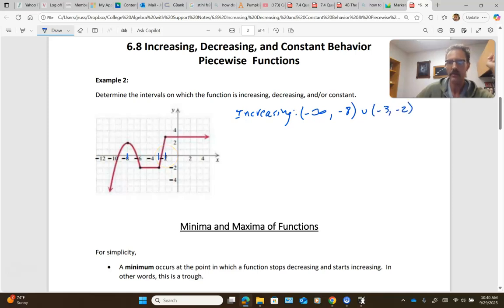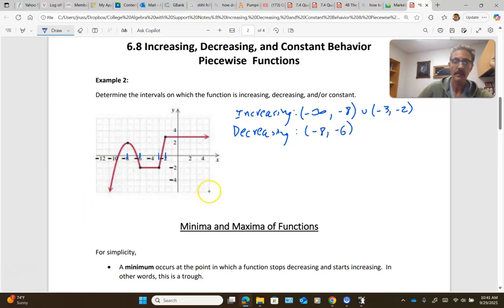And then where is it decreasing? Well, this area. From -8 to -6, it is going downhill. Think about these as roller coasters, guys. It's decreasing from -8 to -6.